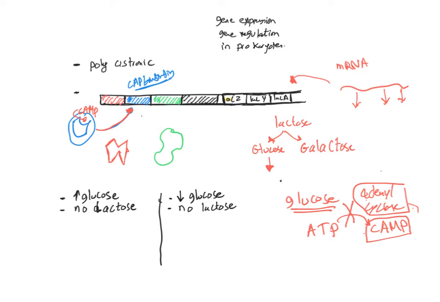Another one is the repressor, which is this one in red. This region is called the lac I, or the inhibitor, and it codes for a repressor protein. As long as its site is free and nothing is bound there, it will go and bind to the operator in this part.